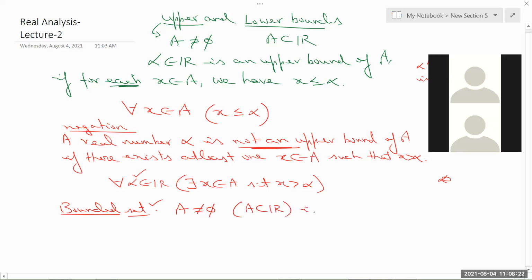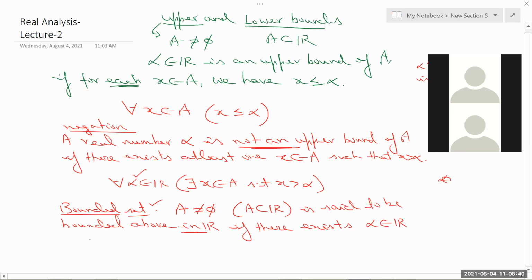A is said to be bounded above in R, this one is important, bounded above in R, if there exists alpha belongs to R which is an upper bound of it.